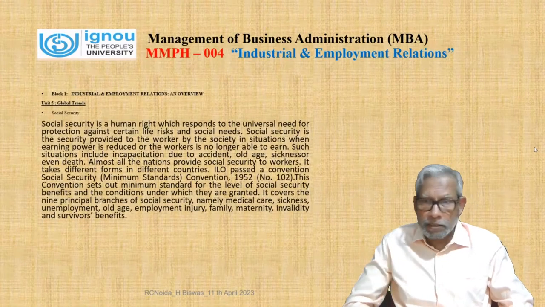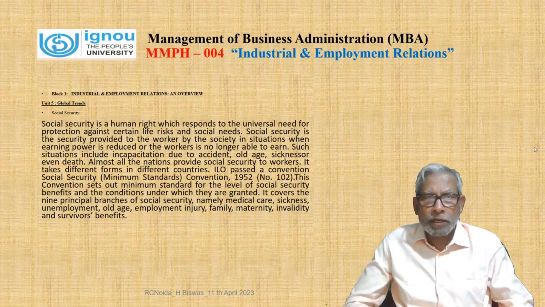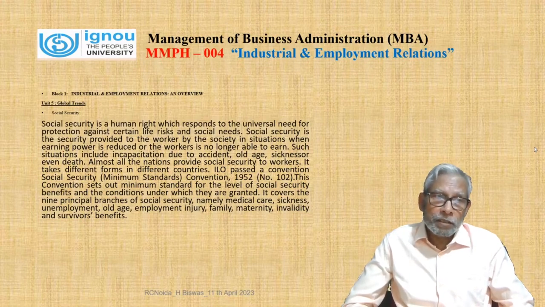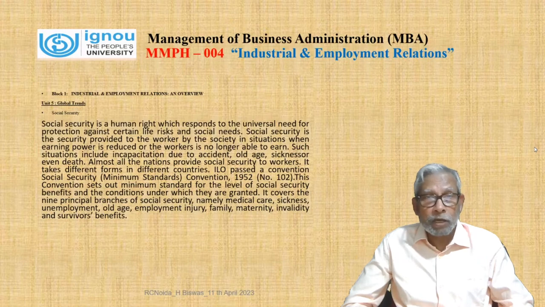So social security is a human right which responds to the universal need for protection against certain life risks and social needs. Social security is the security provided to the worker by the society in situations when earning power is reduced or the worker is no longer able to earn.